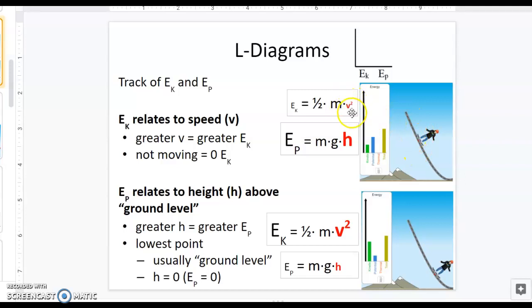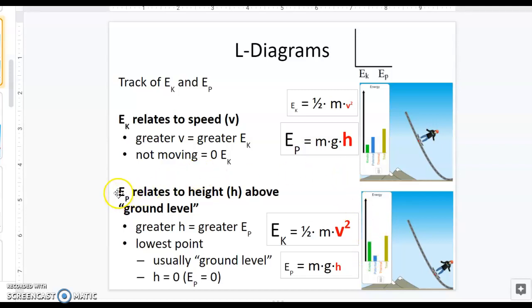And so their velocity is small, so their kinetic energy is small. That means that on the bar graph, this green bar, which was the kinetic energy, is a small amount. But as their velocity increases as they go down, their kinetic energy is larger. So that green bar increases as they move down the track.